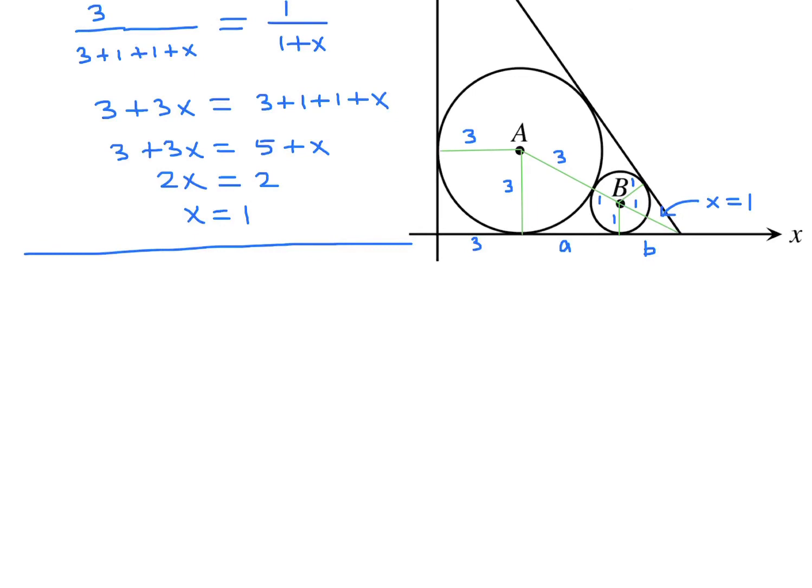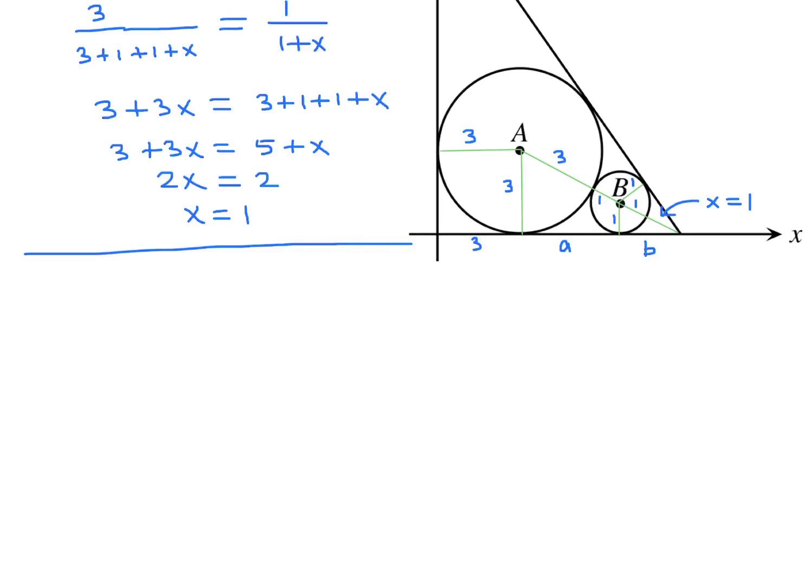So let's try to find B first. B is very similar in terms of the similar triangle situation. Again, we're going to use the same triangle as this one and that little guy right there. So we can use a very similar relationship. We'll use the relationship of the side and the base.